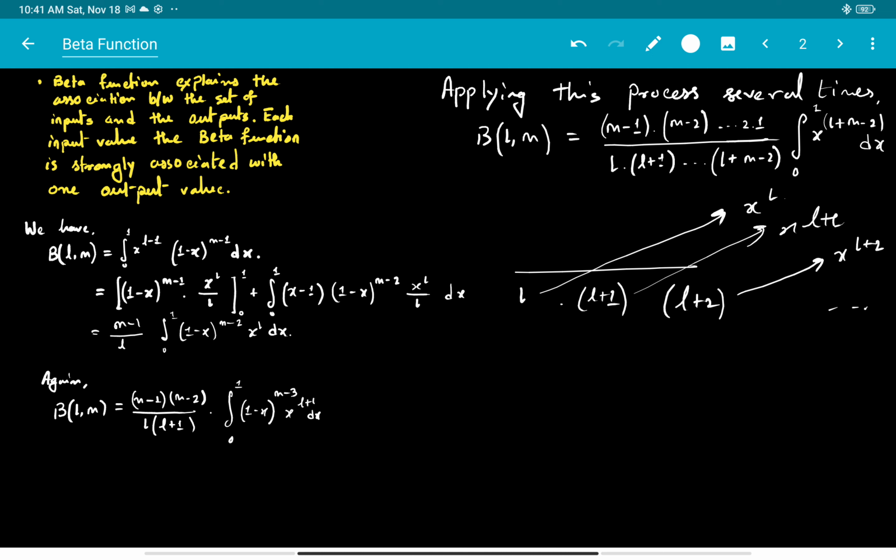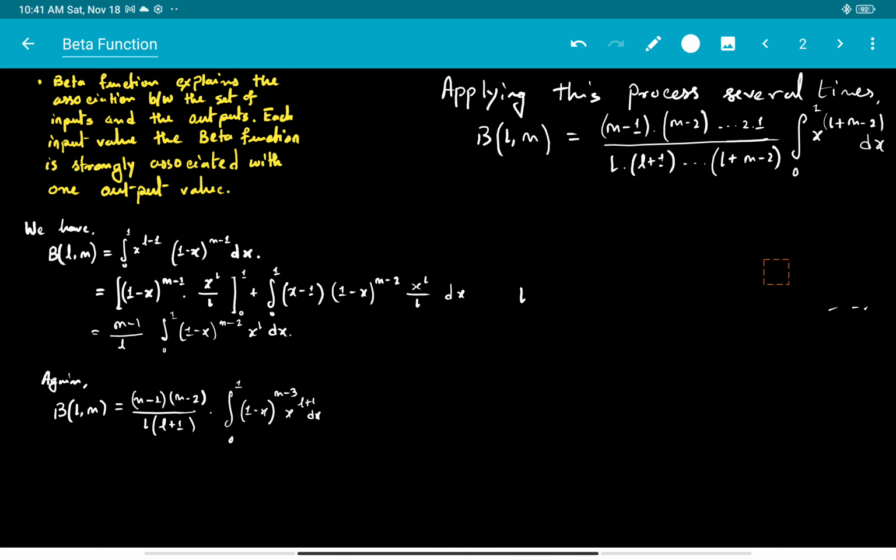Now you see, this is m minus 1. So how many times is it going on? That's why, if we keep continuing this, we will be left with L plus m minus 2.